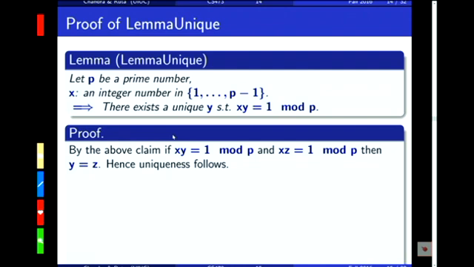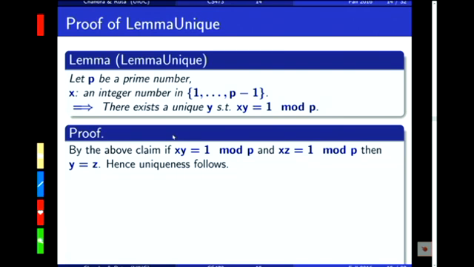P minus 1, right? Because you cannot have, say, x times 1 mod p equal to x times, say, 100 mod p, because that's not allowed from the previous claim. So every time you generate a different number, right? And there are 1 through p minus 1 possible numbers.